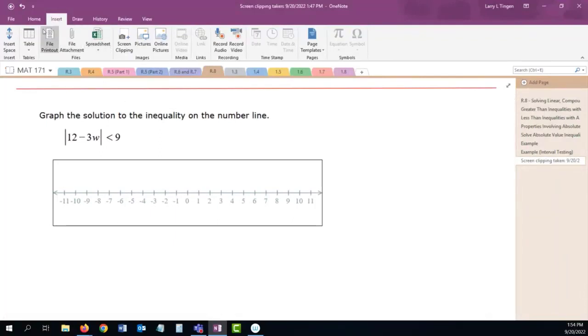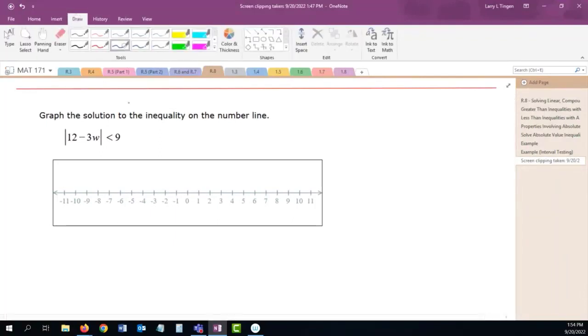So I have in there, this is one of those "less than" problems, right? So that means whatever's inside the absolute value is less than 9, which is exactly what it says, but it also has to satisfy being greater than negative 9.